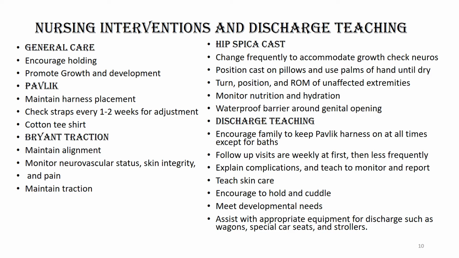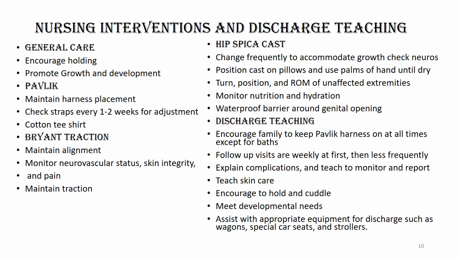The child needs to wear a cotton t-shirt under it. For Bryant's traction, we have to maintain alignment and make sure his little buttocks stays at the end of the bed. We have to do frequent neurovascular checks, skin integrity checks, and checks for pain. Maintain traction and make sure the weight is not on the floor.